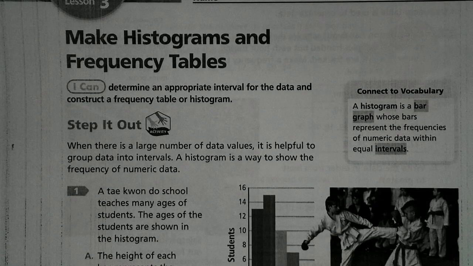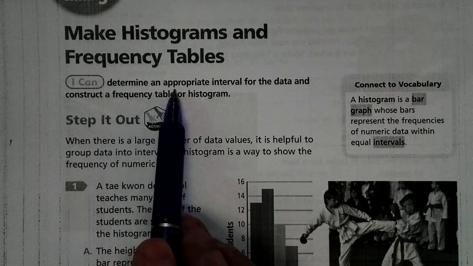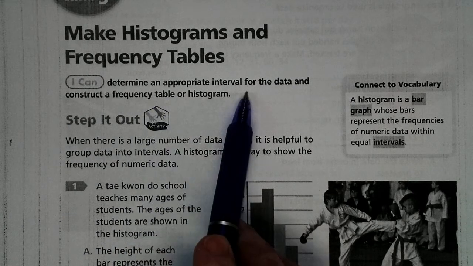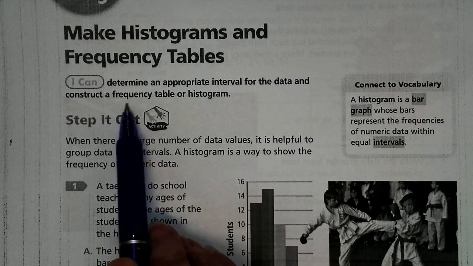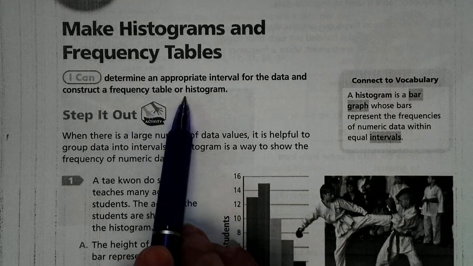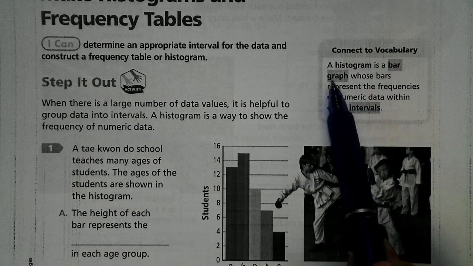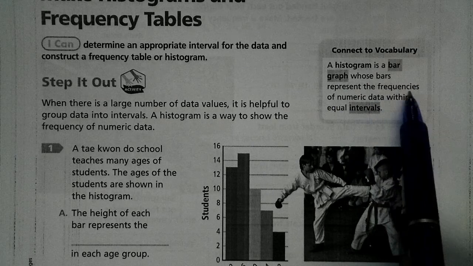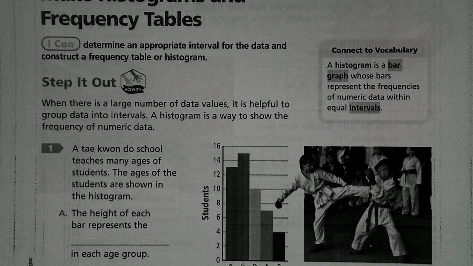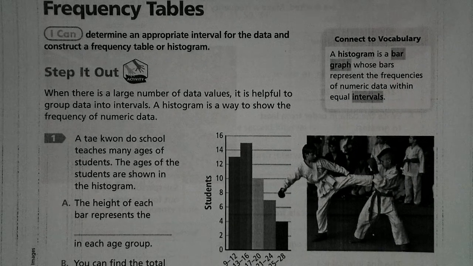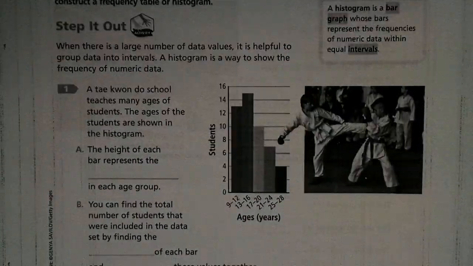All right, so today we are making histograms and frequency tables. So our objective today is to determine an appropriate interval for the data and construct a frequency table and a histogram. So a histogram is a bar graph whose bars represent the frequencies of numeric data within equal intervals.